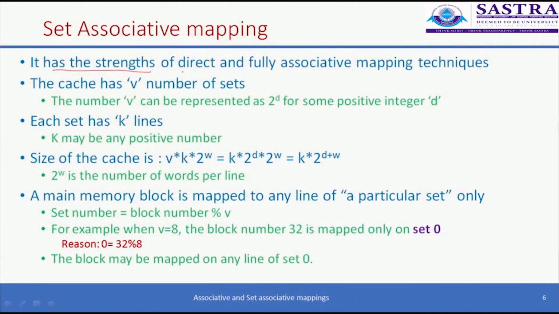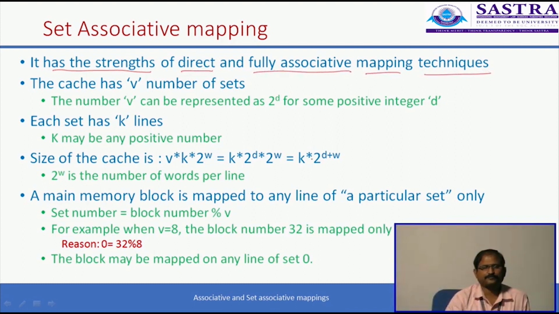The last cache mapping technique is set associative mapping. Set associative mapping has the strength of direct and fully associative mapping techniques. The cache has V number of sets.